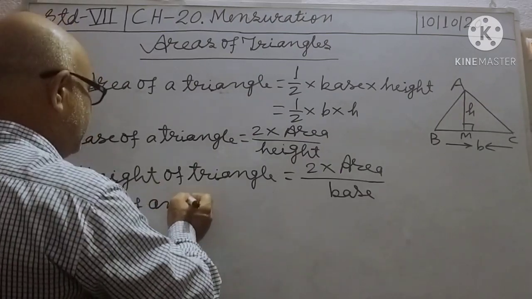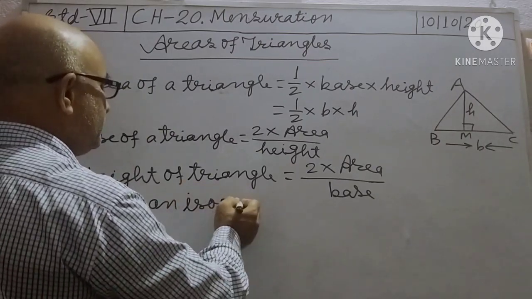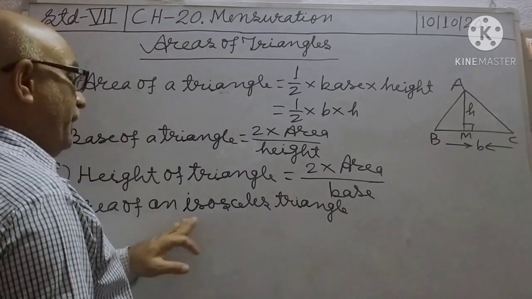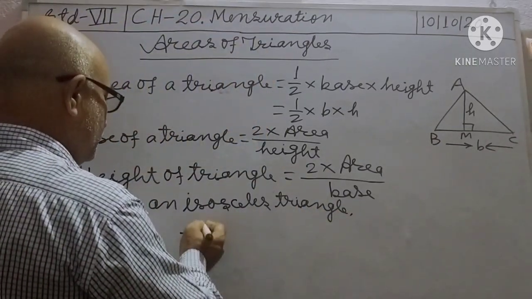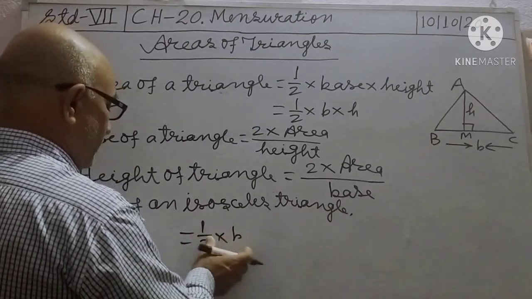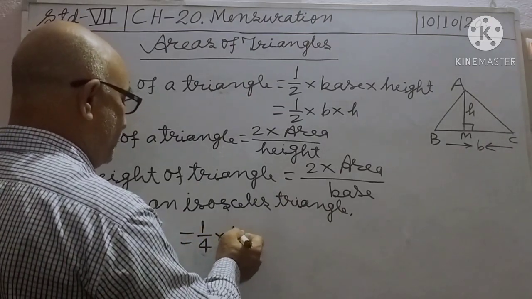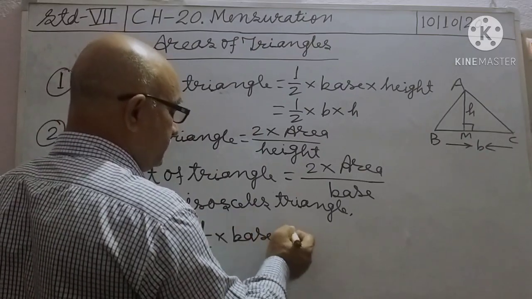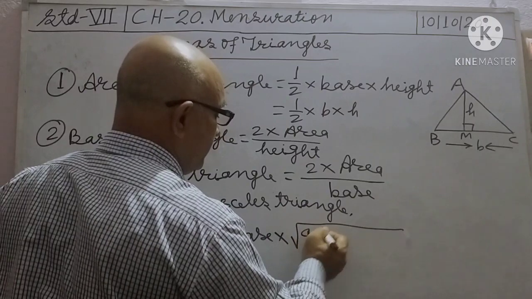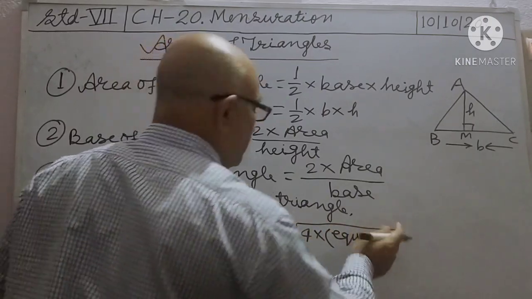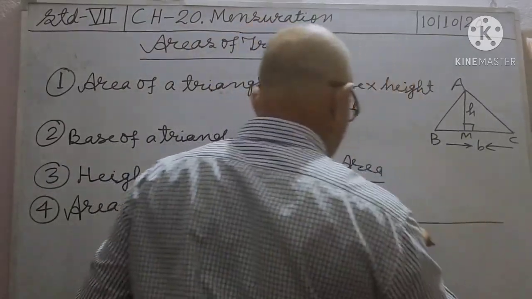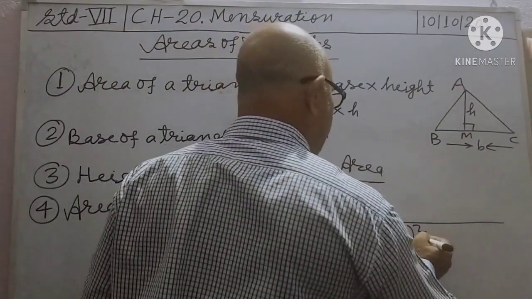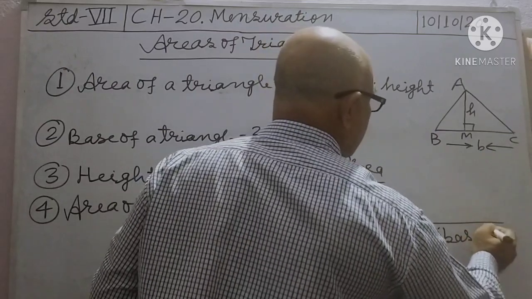area of an isosceles triangle. Area of an isosceles triangle equal to 1 by 4 into base into under root 4 into equal side square minus base square.